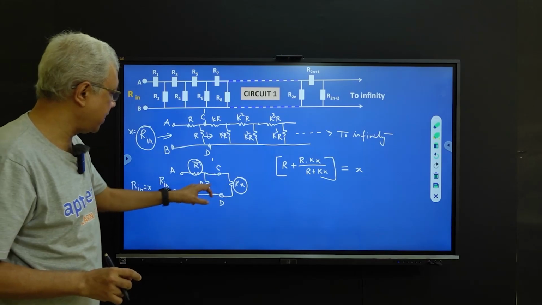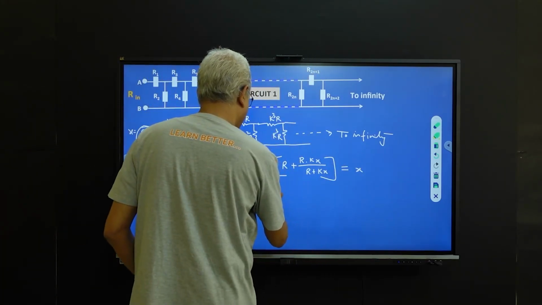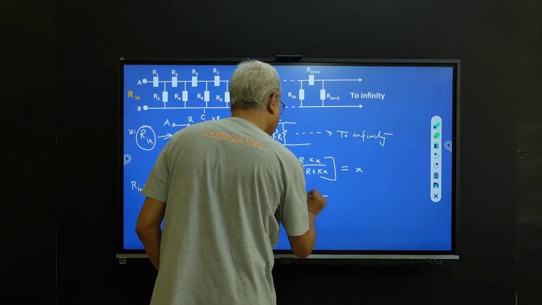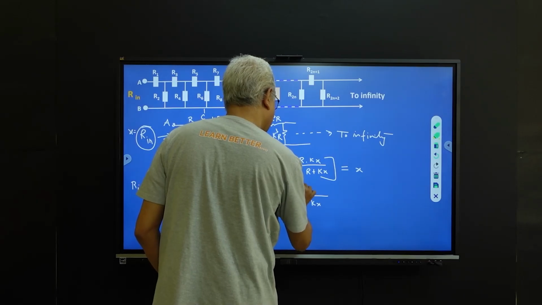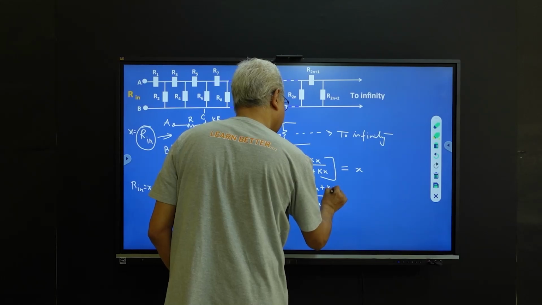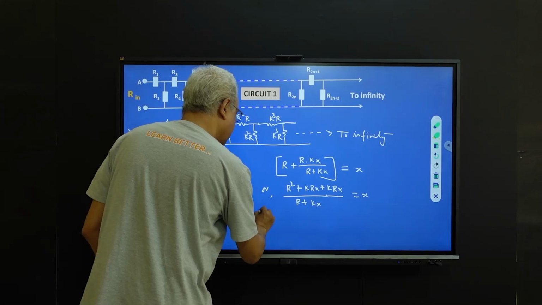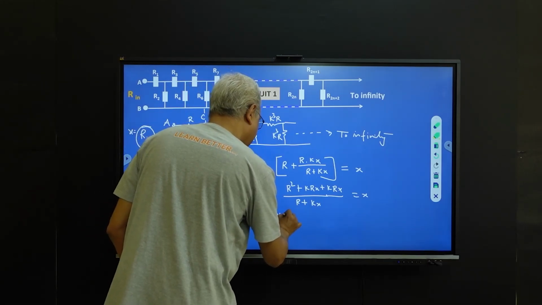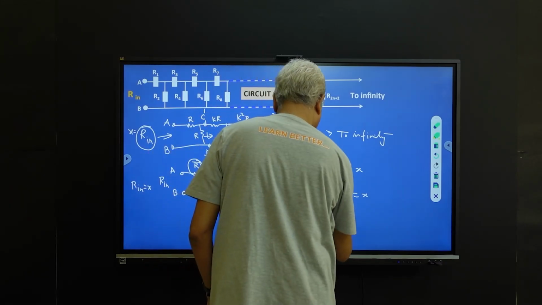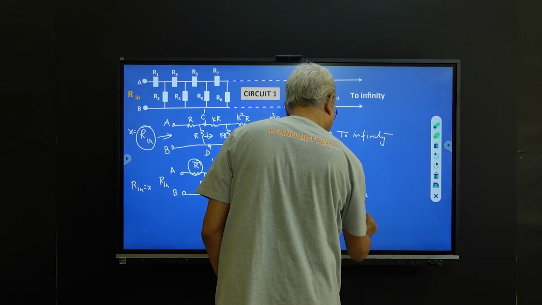Okay, R into Kx by R plus Kx plus R has to be equal to X. Or you can write R squared plus KRx plus KRx over R plus Kx has to be equal to X. Or Kx squared plus Rx equals R squared plus 2KRx.